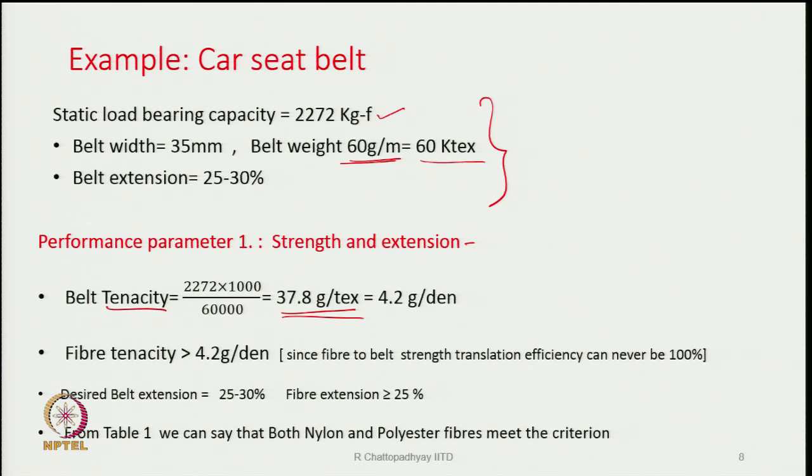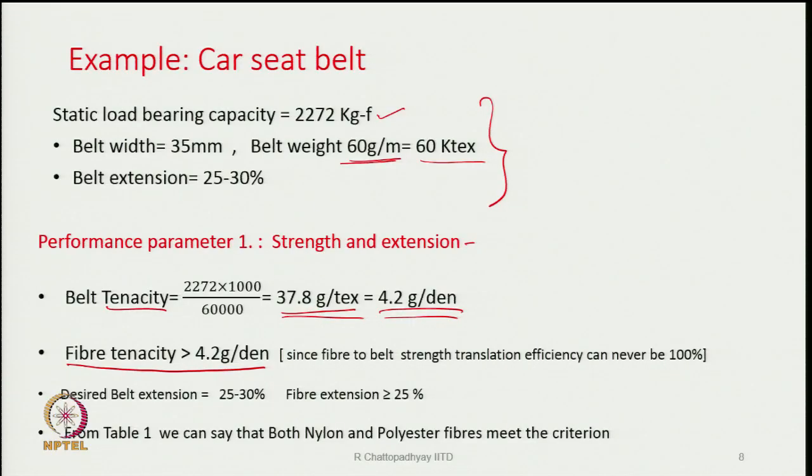So, we convert the strength into gram, and then divide by the weight, and we can find out the gram per denier or tenacity of the belt. Now, if this is the tenacity of the belt, the fiber tenacity has to be more than this. This is the requirement. So, you can immediately get an idea of what should be the tenacity of the fibers, and now we can try to find out whether you really have a fiber which has a tenacity value greater than this.